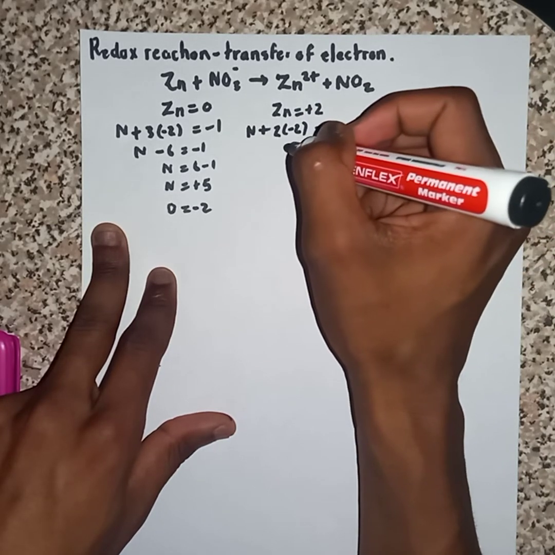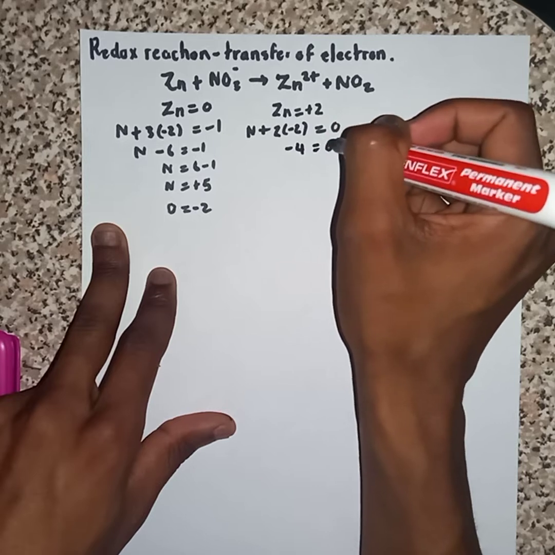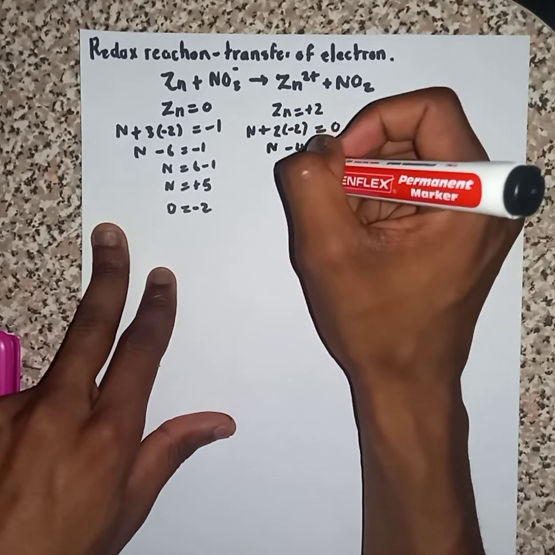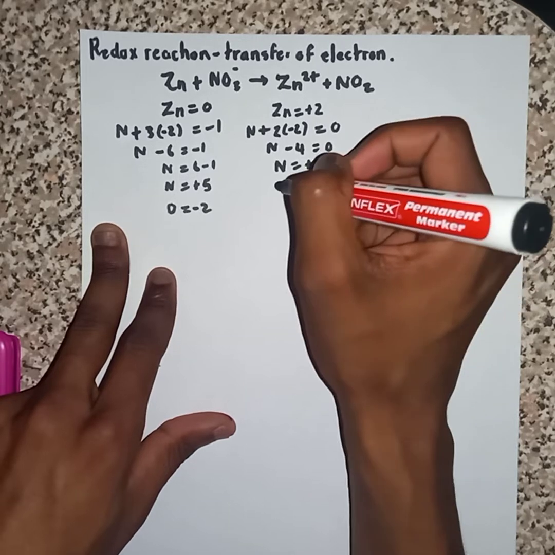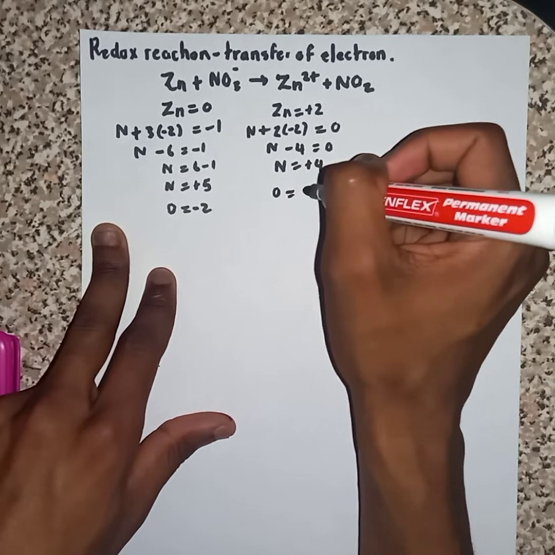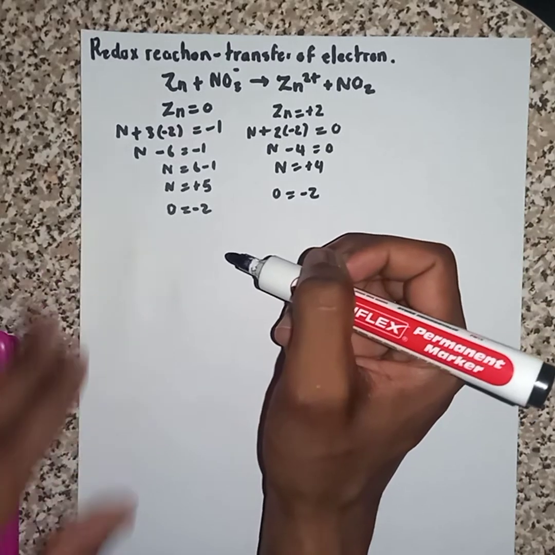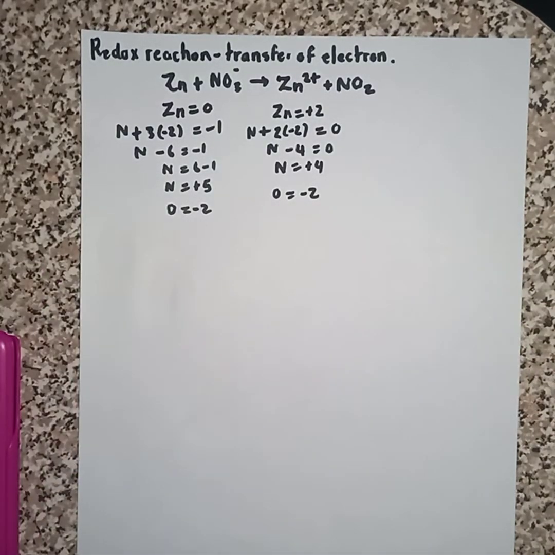I get -4, equal to 0, and that means our N is going to be +4. Lastly, our O is -2. From this, we have found the oxidation numbers of each and every element.